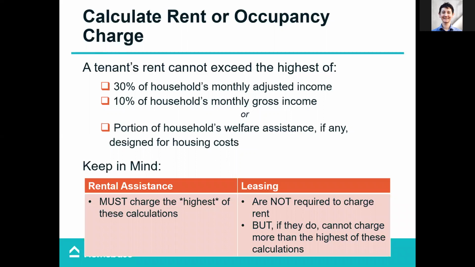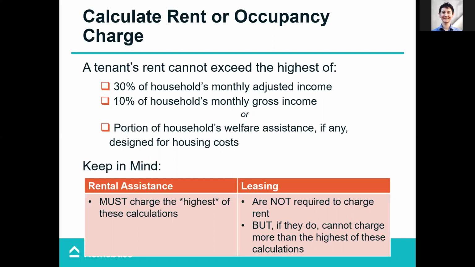Their monthly adjusted income is something that I'm going to show you how to calculate. It's a specific HUD calculation to get to that adjusted income. And then their gross income is just all of the money that's coming in. So you're going to calculate adjusted income and check whether 30% of adjusted income or 10% of gross income is higher. And then that's going to be the rent your client is going to pay, or the cap to the rent your client is going to pay.